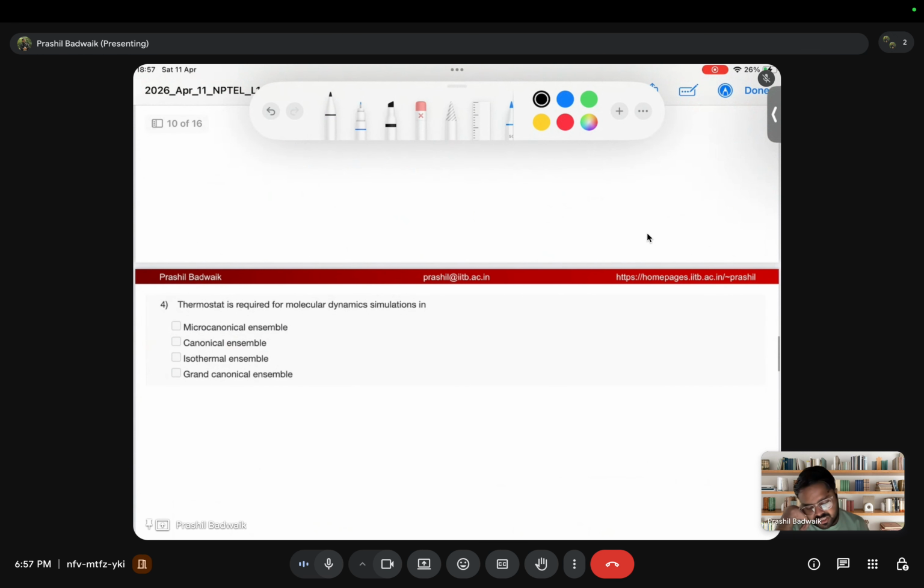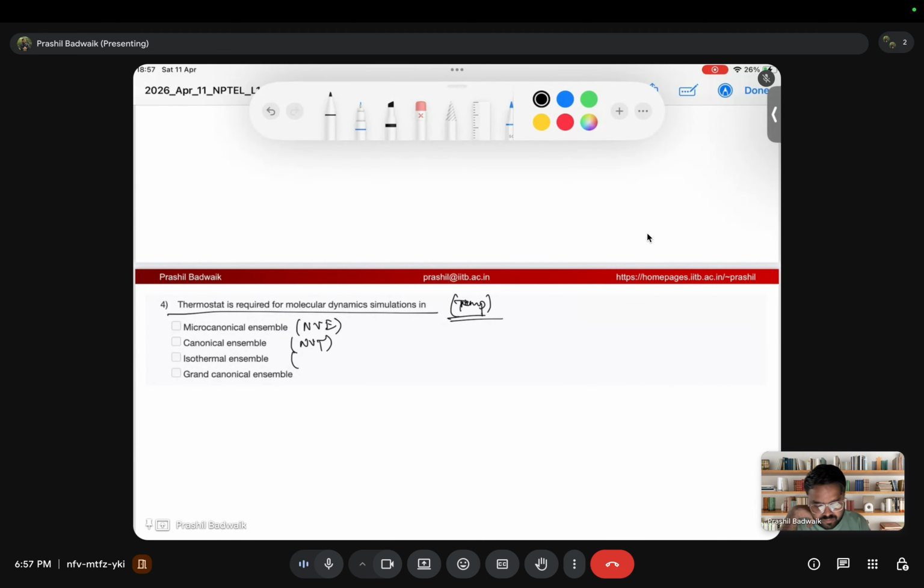Now, a thermostat is required in which ensemble? We studied that it is required to maintain the temperature constant. So what ensembles are there? Microcanonical is NVE. Canonical is NVT.